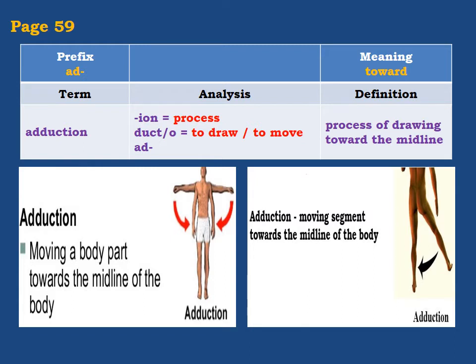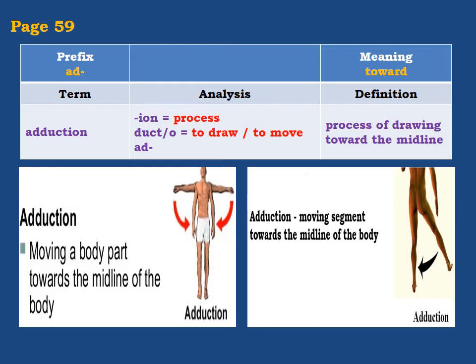Now we have another prefix, which is ad. Ad means toward. So this is the opposite. Ab means away from, ad toward. Okay? So adduction: duct means to draw or to move, but ad here means toward.